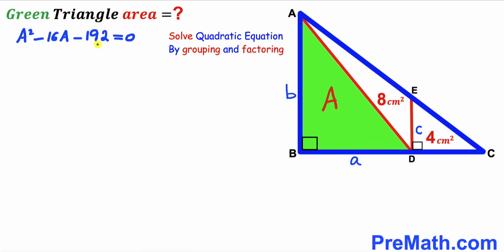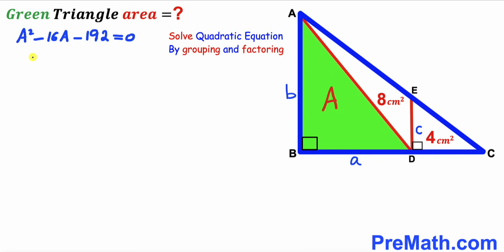And the possible factors for this 192 are simply 8 and negative 24. So if we multiply these two factors, we are going to get negative 192. And if we add these two factors, we are going to get negative 16.